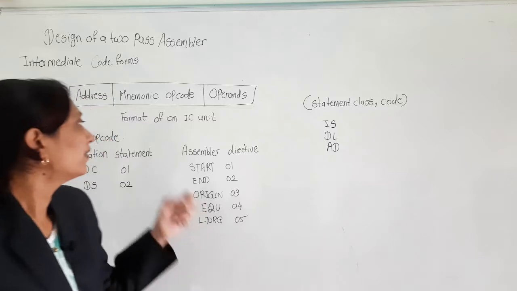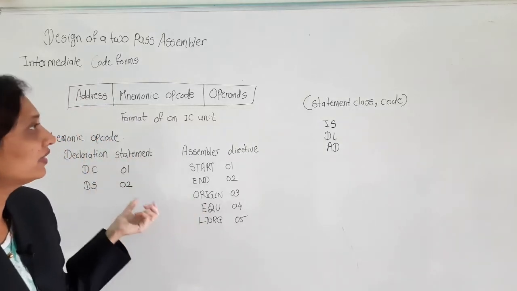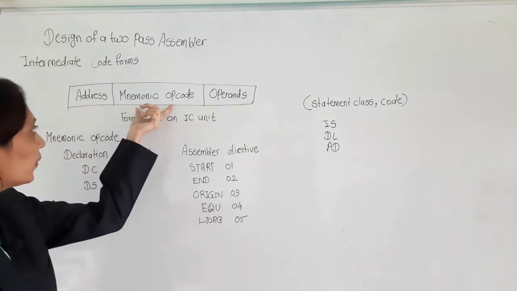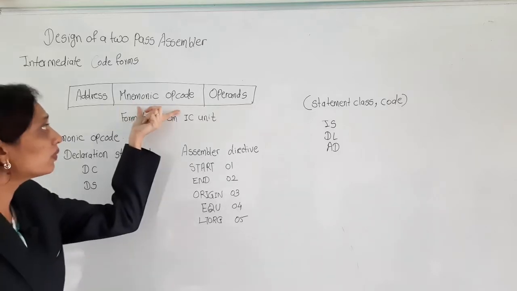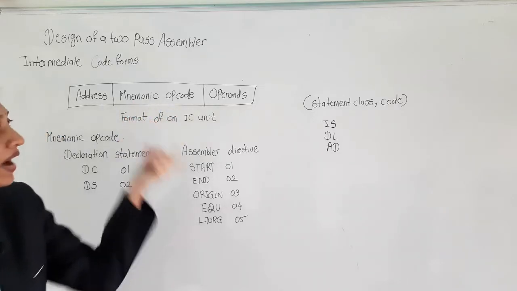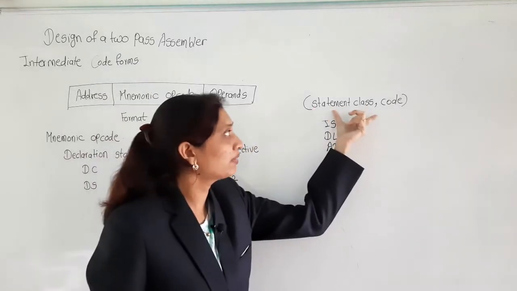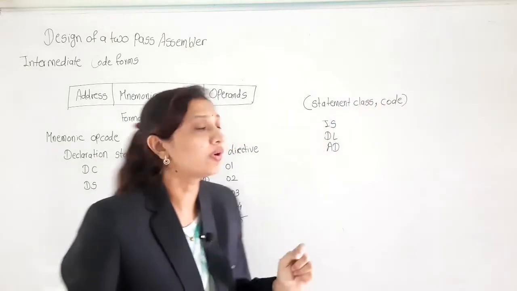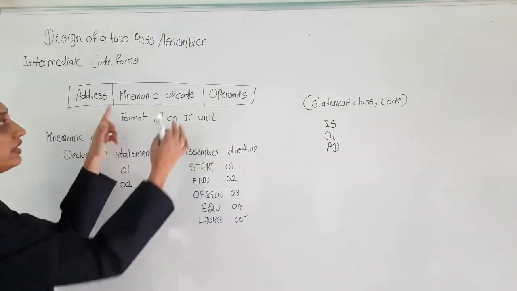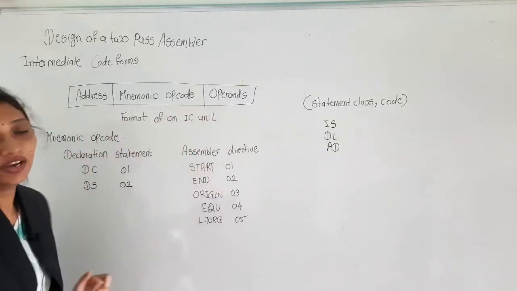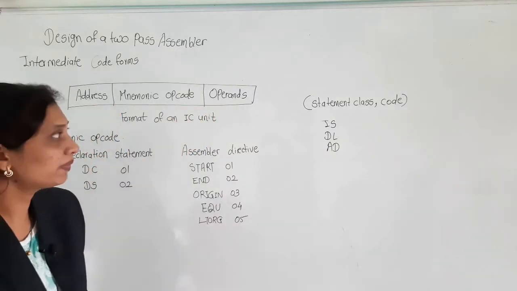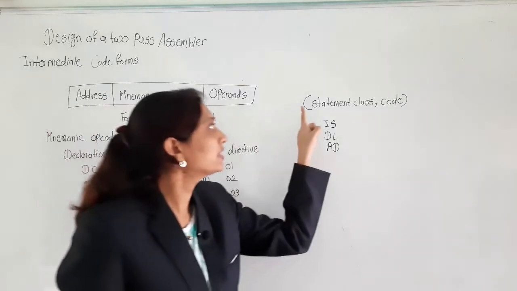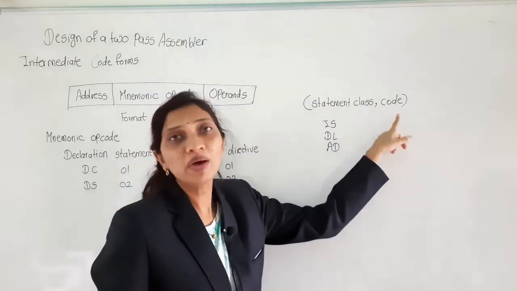Now here we give the mnemonic opcode field as a pair, statement class comma code. Means we represent the mnemonic opcode field in the intermediate representation as statement class followed by code.